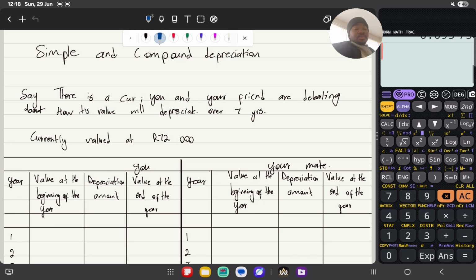In the first video, I did say that with simple interest, if we invest some cash and the investment is offering us a simple interest of 10%, we get a constant amount of money each year, right? So we made an example. We had 1000 rand, and 10% of 1000 rand is 100 rand.